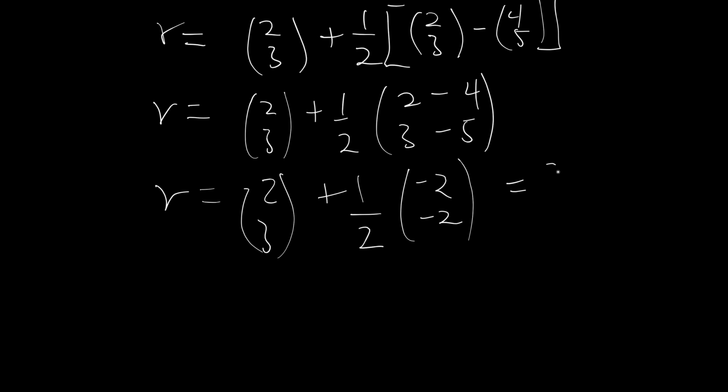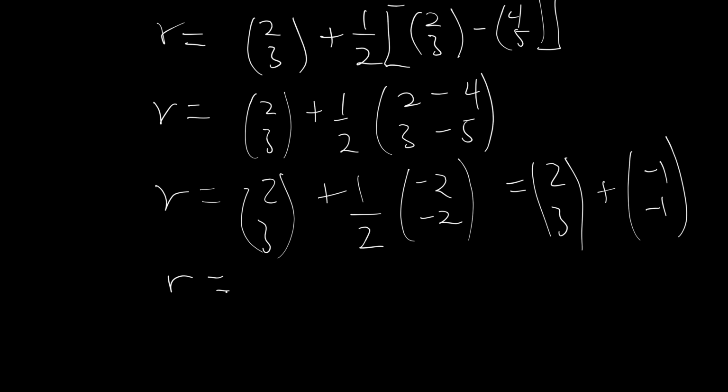So this will be equal to (2, 3) plus, minus 2 divided by 2. So half multiplying minus 2, we have minus 1, and half multiplying this, we have minus 1.